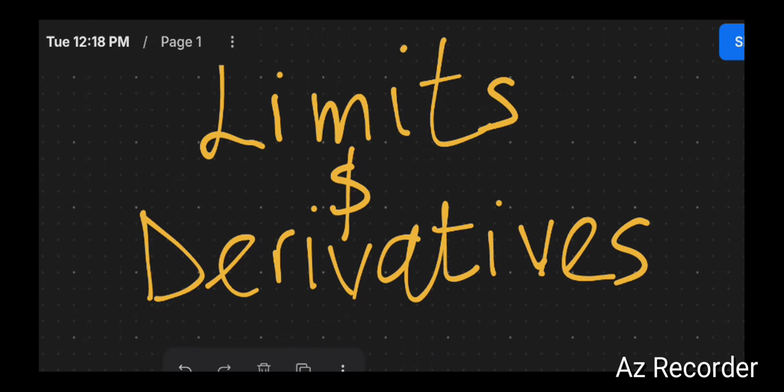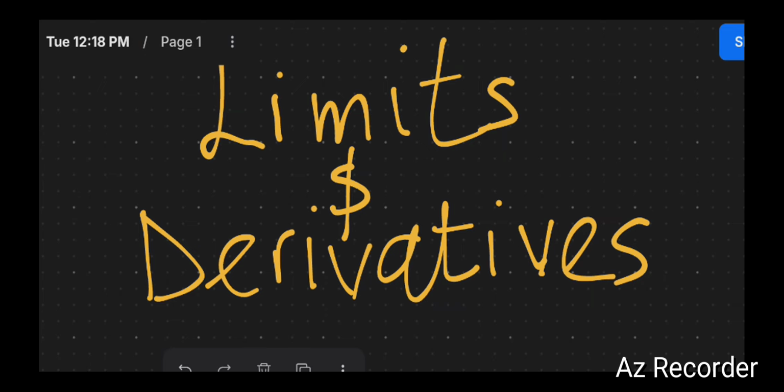In today's lesson, we are going to be looking at limits and derivatives of a function. So today's lesson focuses on understanding the relationship between limit and differentiation.